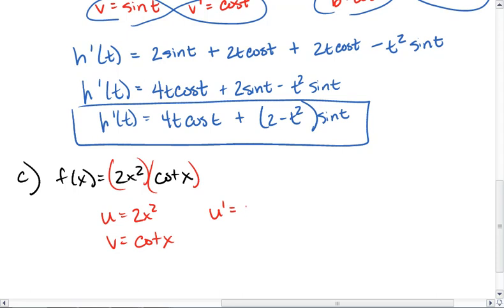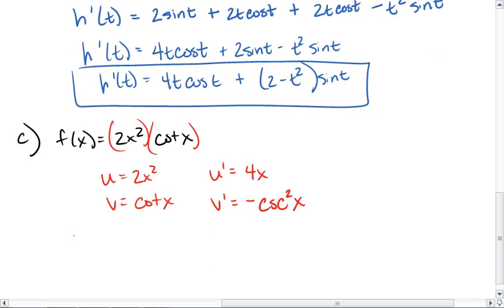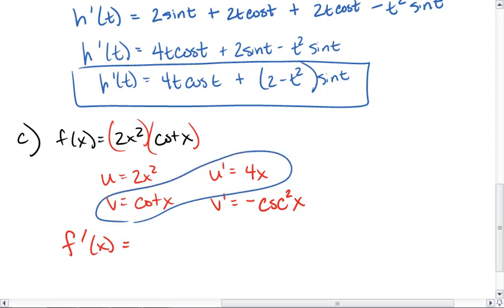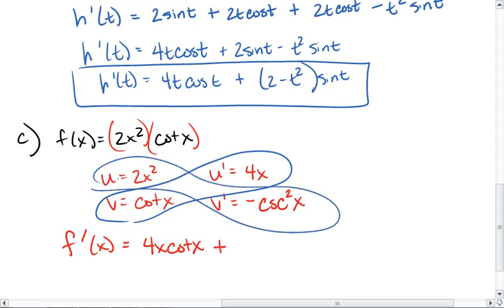I break this up into two factors, take the derivative of both, and then use my product rule to find f prime of x, which is 4x cotangent x plus a negative, so I'll change this to minus 2x squared cosecant squared x.